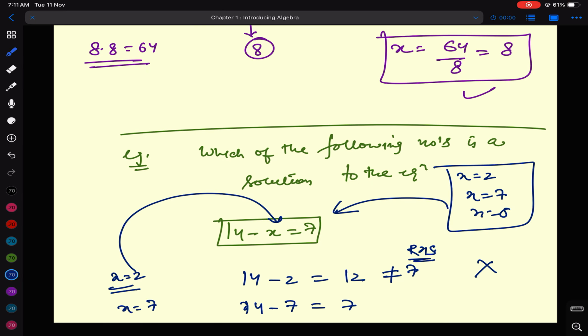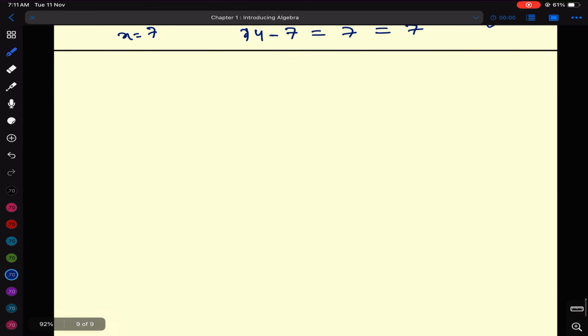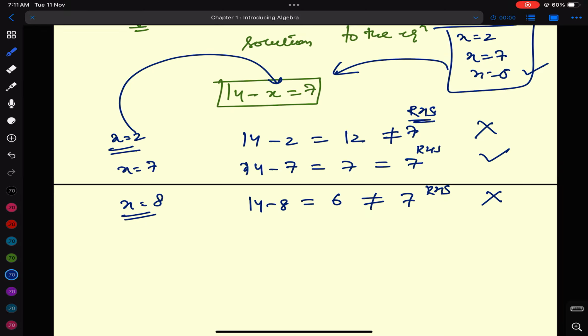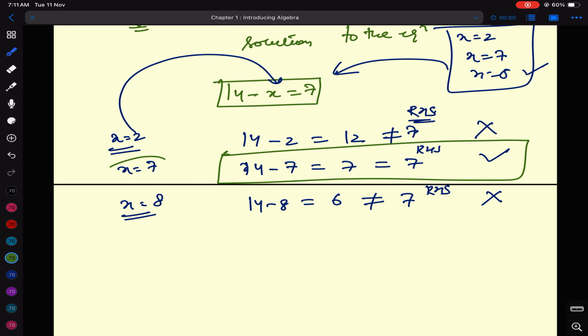That is equal to the right hand side, which is again 7. So this option definitely is the solution of the equation. The third is, we are going to verify with x is equal to 8. Now 14 minus 8 is basically 6, and that is definitely not equal to 7 on the right. So the only option that makes sense as a solution of this equation is x is equal to 7. Clear?